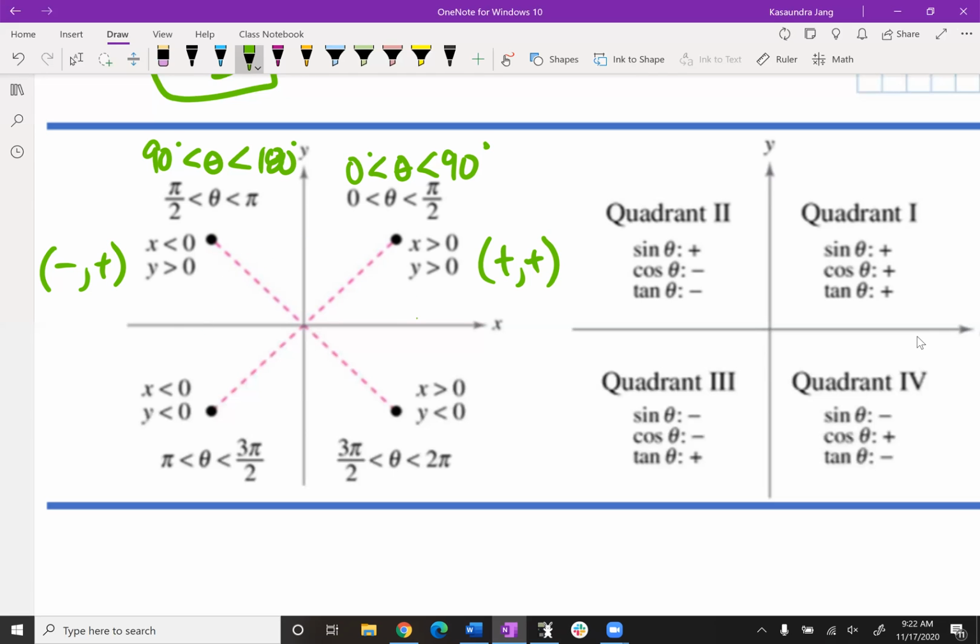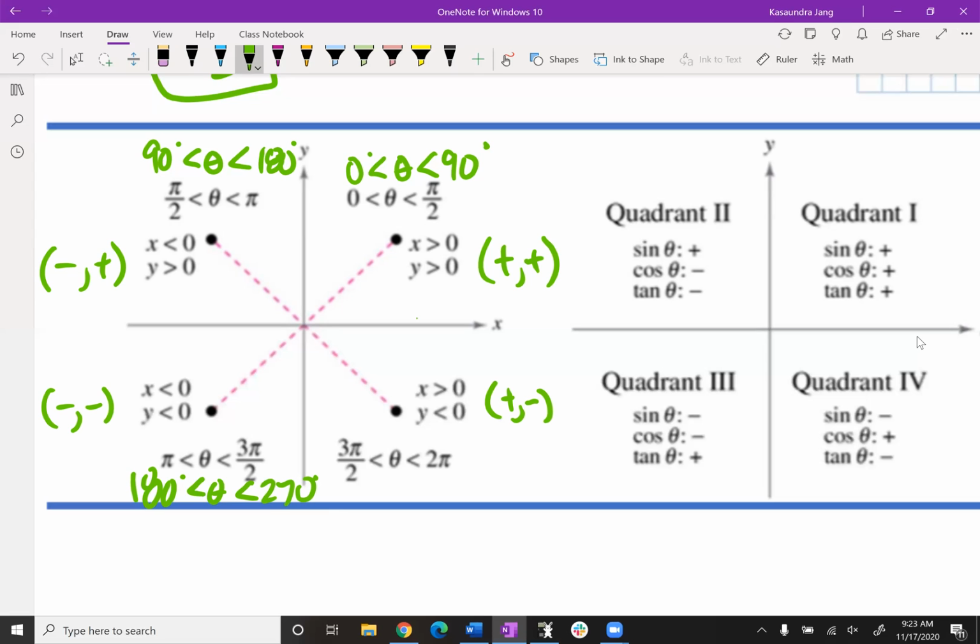So keep it going. Down here in the third quadrant, both the x and the y are negatives. So that is between pi radians, or 180 degrees, and 270 degrees, or 3 pi halves radians, same thing. All right, and then my fourth quadrant has a positive x and a negative y.